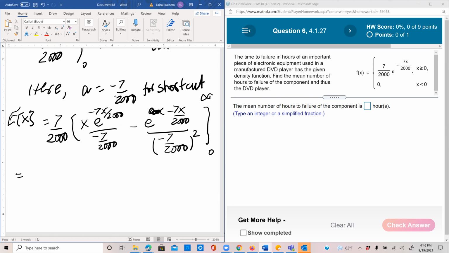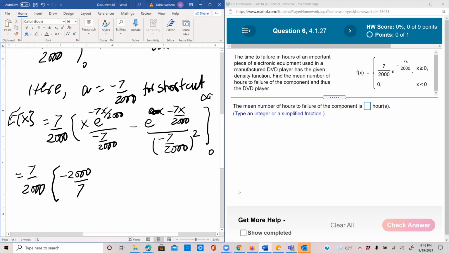So here, when you substitute infinity, first I have 7 over 2000 outside. And this negative 7 over 2000 in the denominator can be written as negative 2000 by 7.